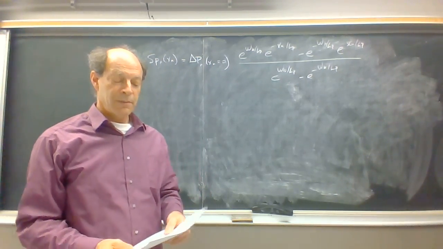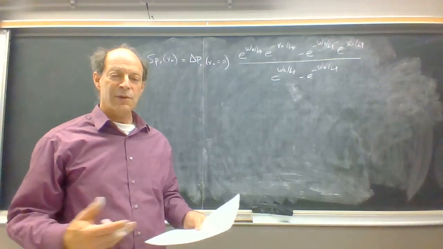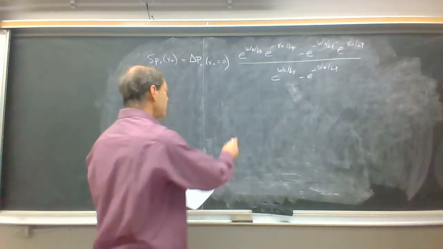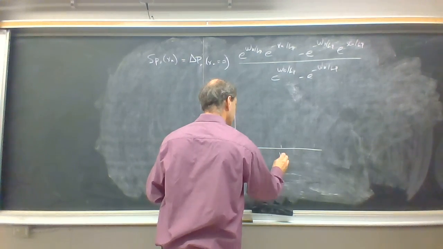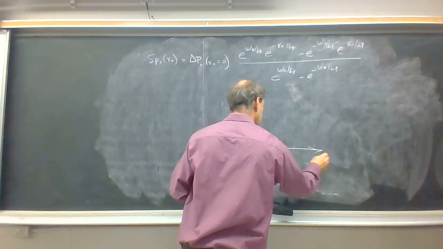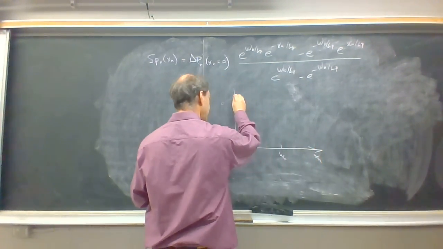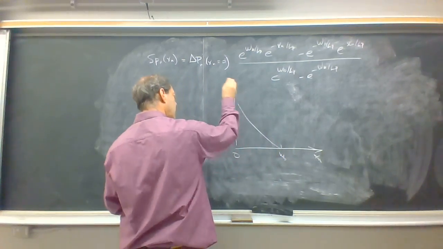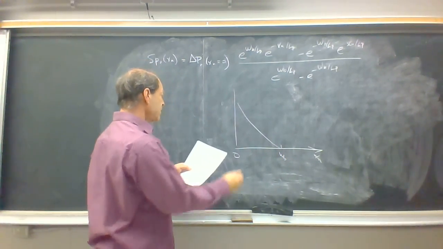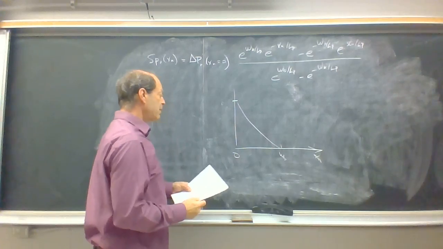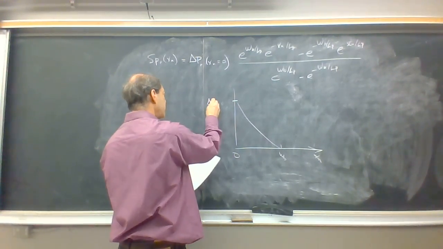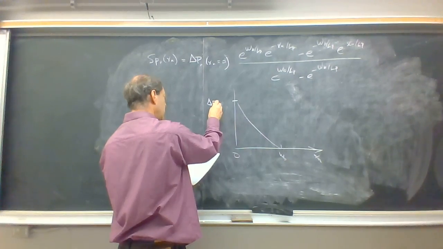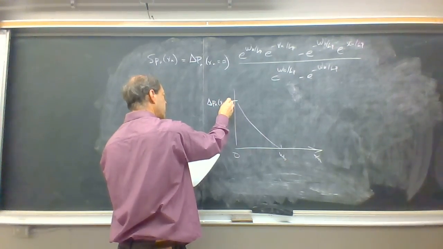And what's more meaningful than this equation is to sketch it. So it'll look something like this. So it starts out on the left-hand side, which is when x sub n equals 0, at delta P sub n at xn equals 0.